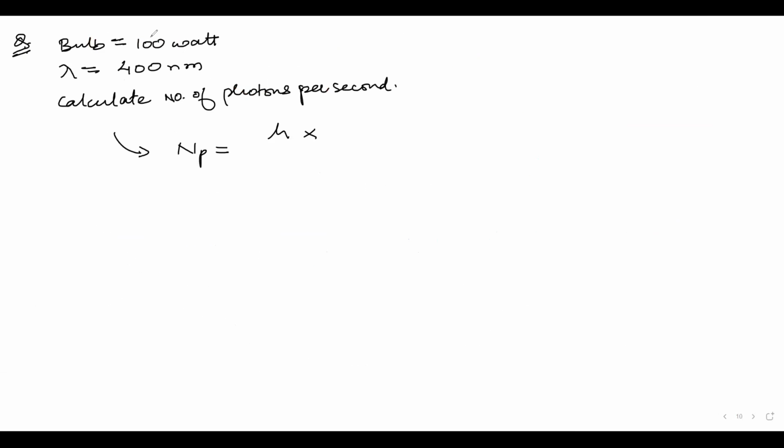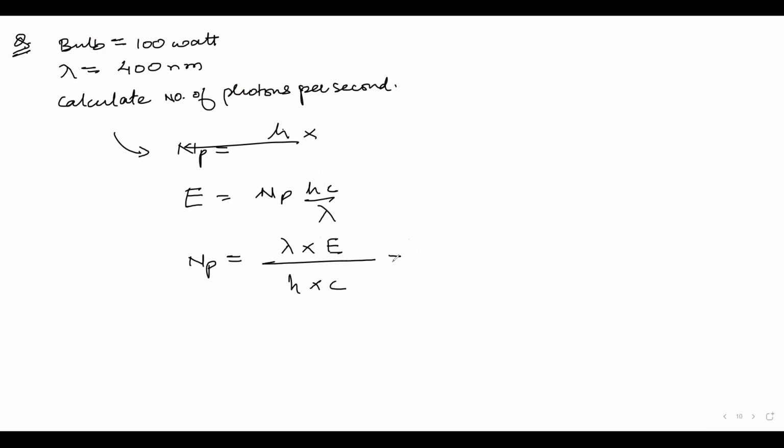The bulb is emitting 100 watts. So this will be equal to Hc upon lambda. So the number of photons will be equal to lambda into energy divided by H into C. Correct?